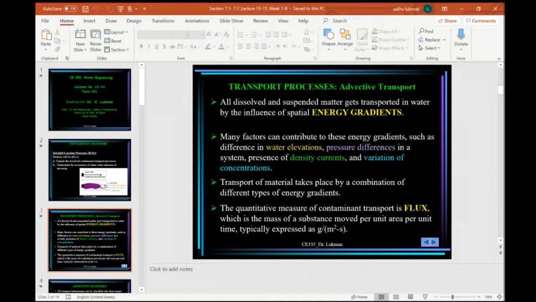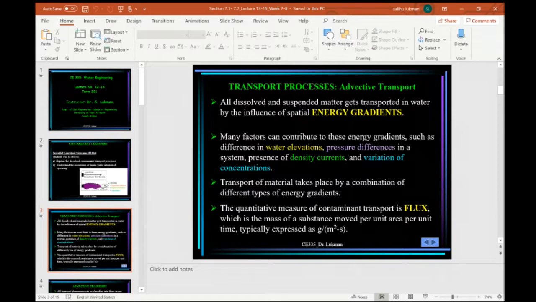It will affect the quality sometimes if it is a pollutant. So you need to have an understanding also of environmental engineering, because the behaviors of contaminants are different. We have different contaminants, and the way they behave in the subsurface or in the groundwater is also different. This we are all going to explain further.